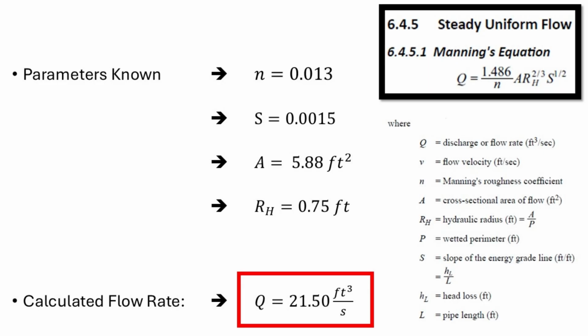So here we go. We have Manning's coefficient 0.013, slope of the energy grade line 0.0015, cross-sectional area of the flow 5.88, and hydraulic radius 0.75. The flow rate conveyed by the channel is therefore calculated to be approximately 25.5 cubic feet per second.